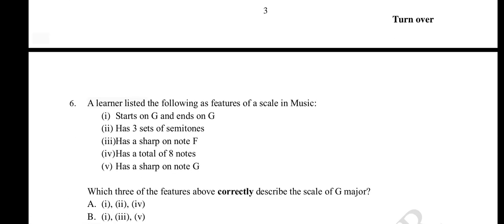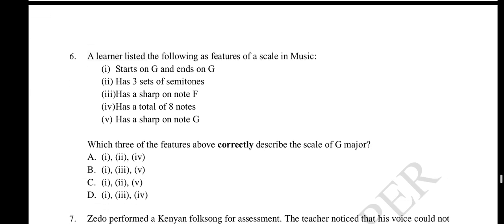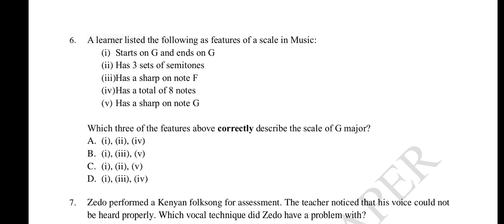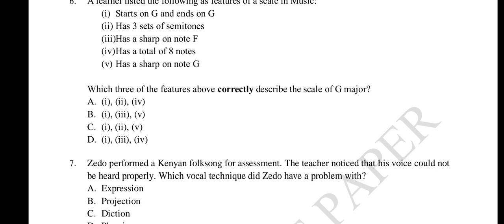A learner listed the following as features of a scale in music. Starts with E and ends on G, has 3 sets of semitones, has a sharp on F, has a total of 8 notes, has a sharp on note G. Which 3 of the features above correctly describe the scale of G major?